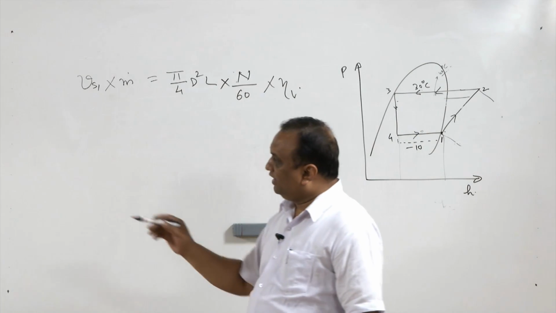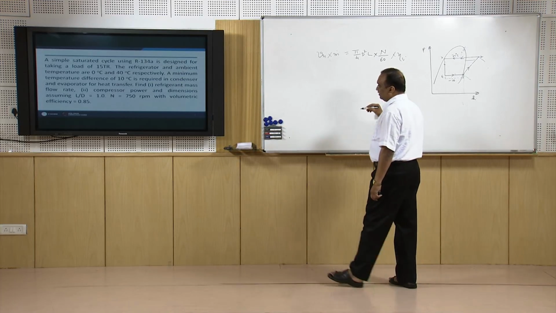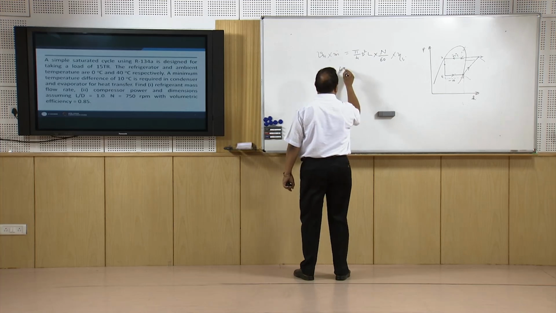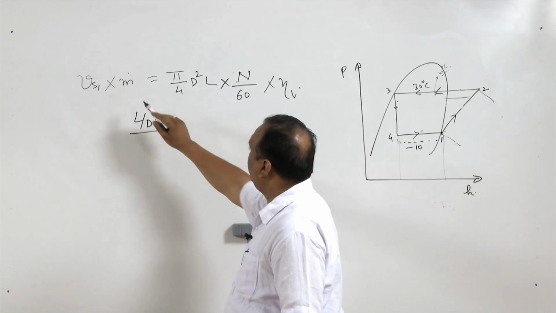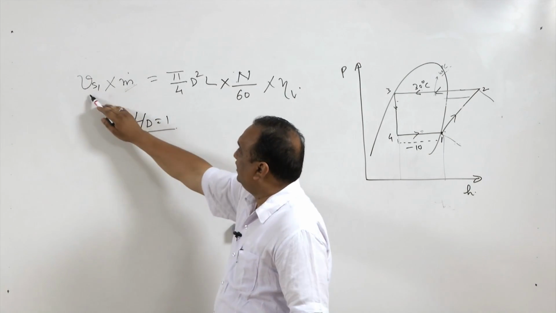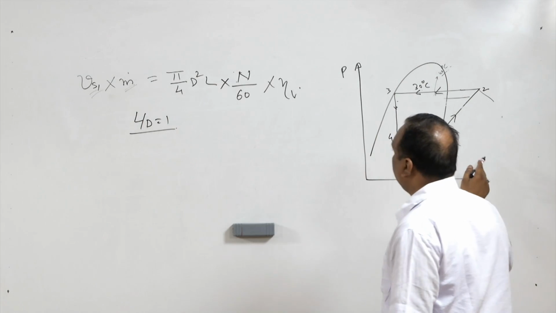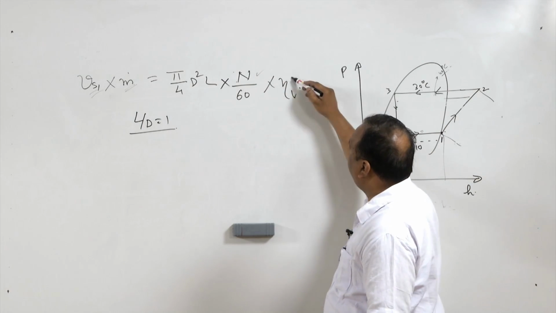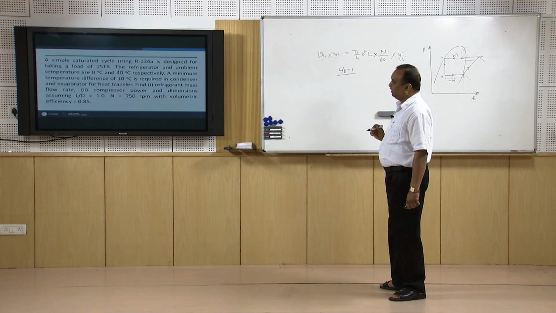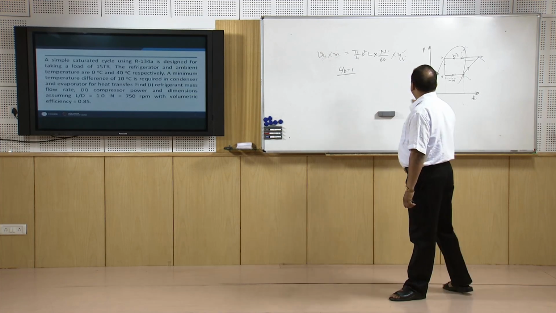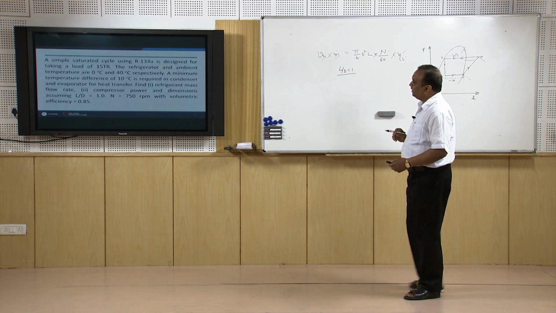Now, here it is a square cylinder, so L by D is 1. So, from these two equations, because m dot is already with you, Vs1 you can take from here, N is given, efficiency is given, you can find the length L and D for the compressor. So, that is one typical example.